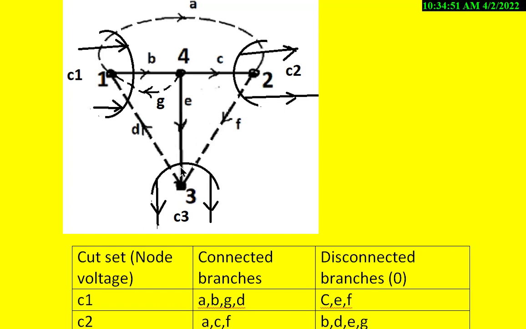One is the twig. Each cut set must have only one twig, and the rest are links. One is D, the other is F. D is leaving node 3, so it will get the plus 1 sign, whereas E and F are entering node 3, so they will get the minus sign.